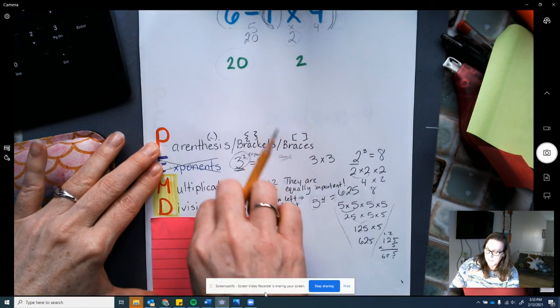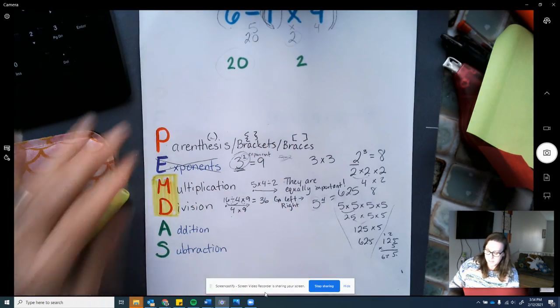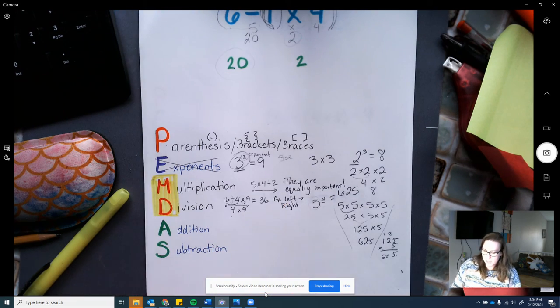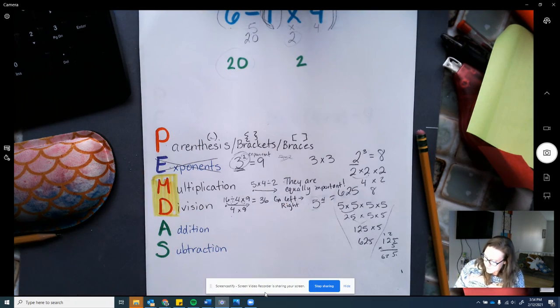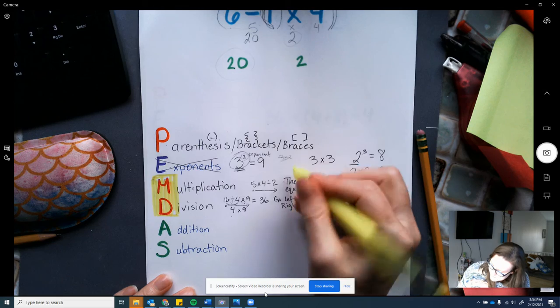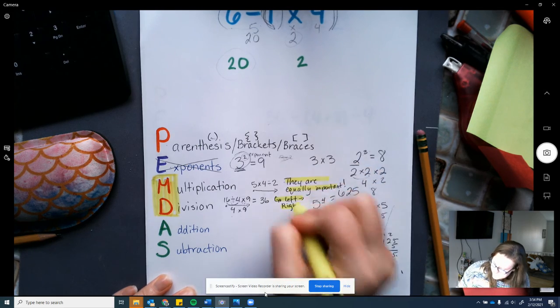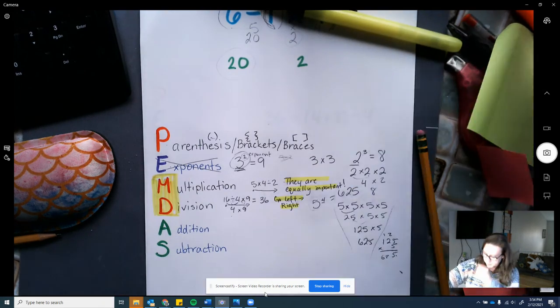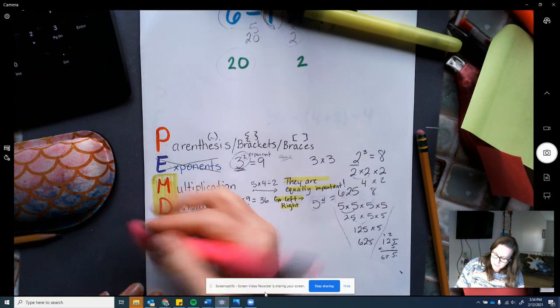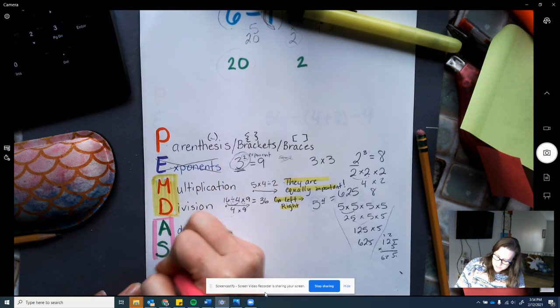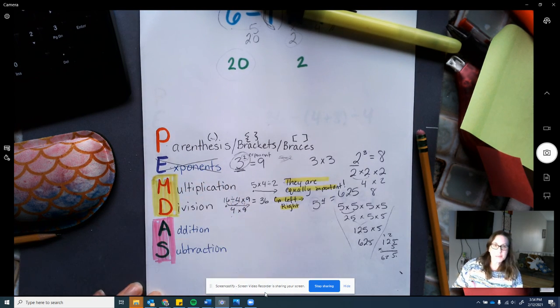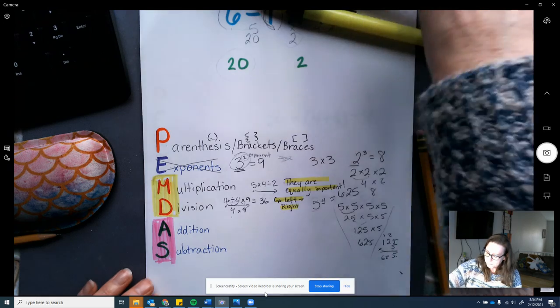Okay, then the last thing is we have addition and subtraction. So with addition and subtraction, it's the same rule as multiplication and division. Addition and subtraction are equally important. Subtraction is not more important than addition, and addition is not more important than subtraction.